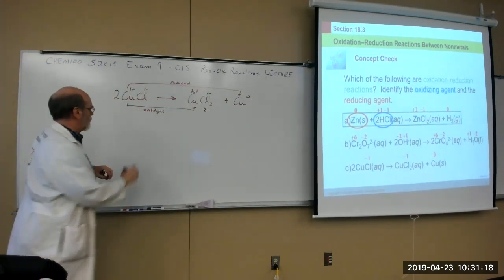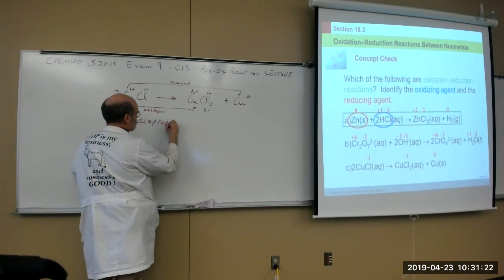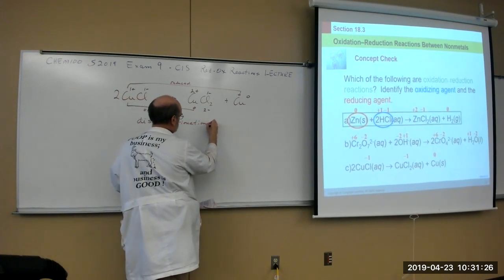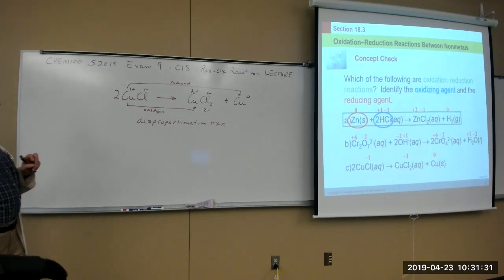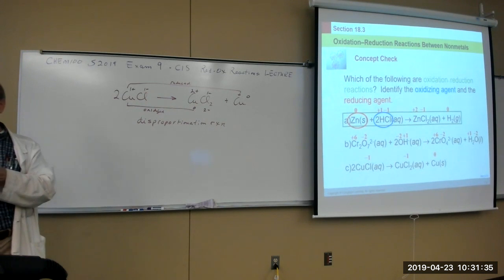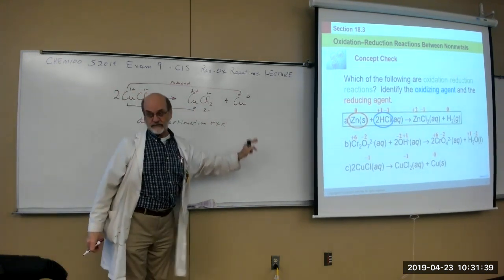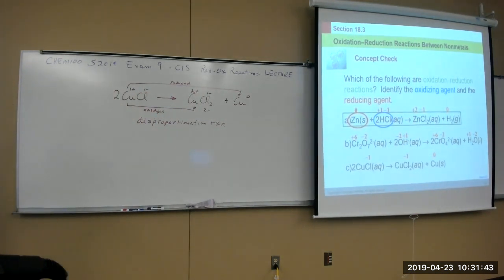This is called a disproportionation reaction. When you end up in two different places at two different oxidation states. If they end up at the same oxidation state, then it's not disproportionation.